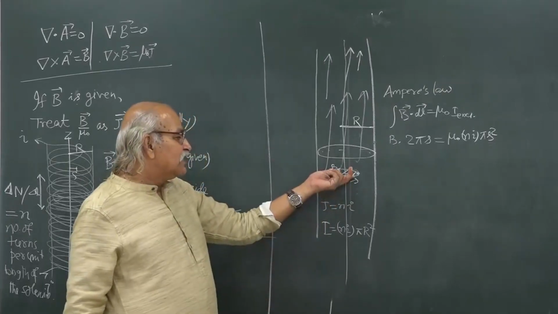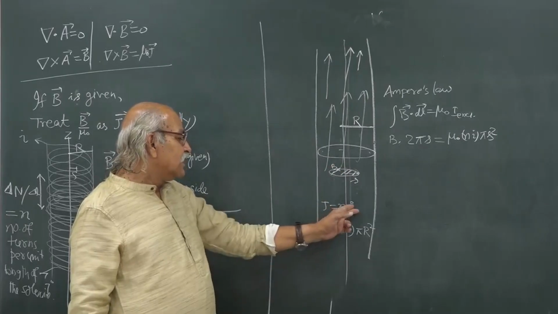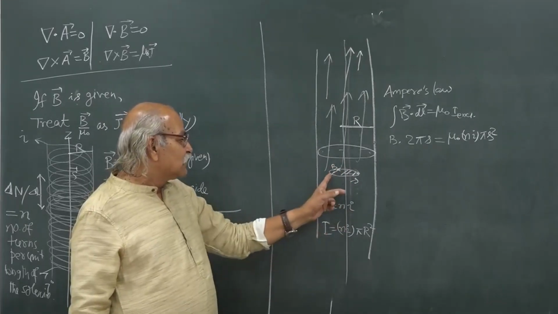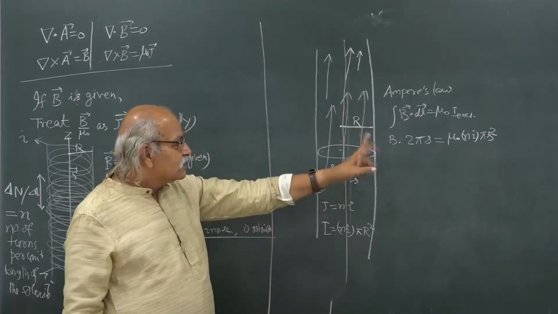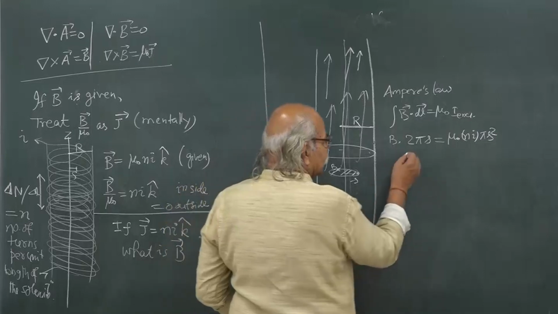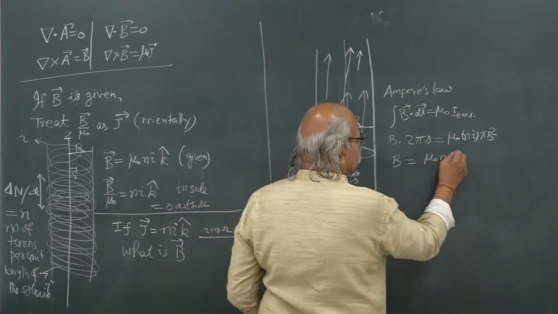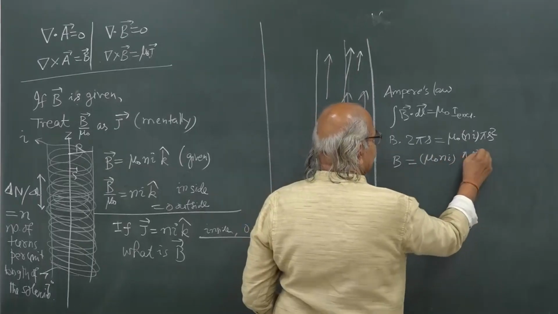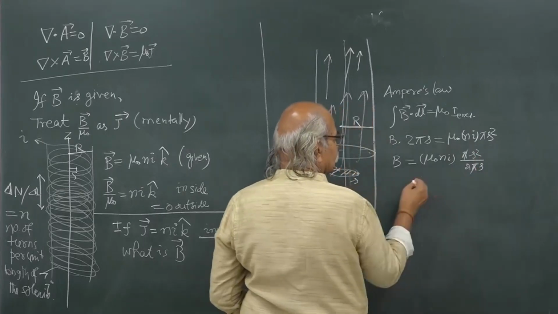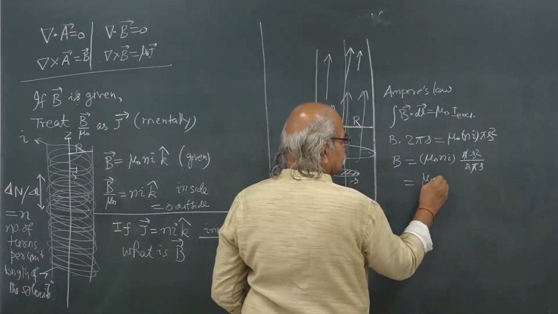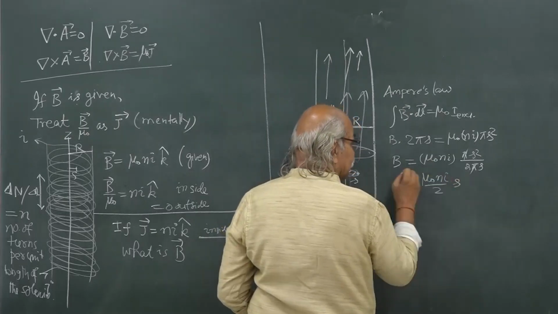This area is pi s square, and the current per unit area is Ni, the current density, and therefore Ni times pi s square is the current enclosed. And so, B is equal to mu naught Ni pi s square divided by 2 pi s. So, it is mu naught Ni by 2 into s in phi cap direction.